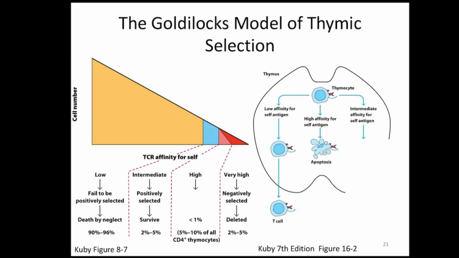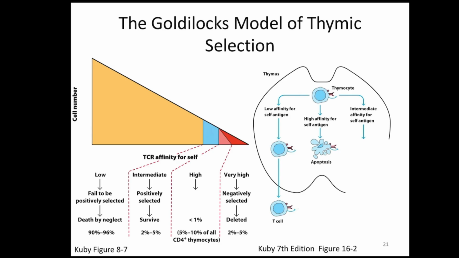And so we're going to have some cells that get what I'll call a medium signal or an intermediate signal. That cell is going to get the signal to survive. That's going to be our pat on the head, right? And we're going to get some that are going to get a really low or no signal.